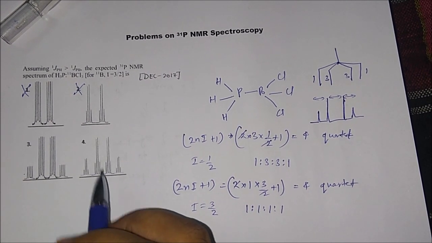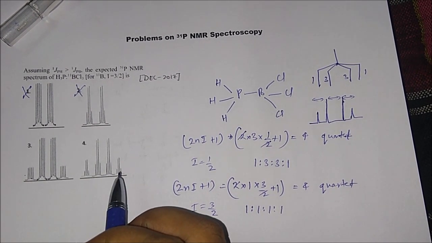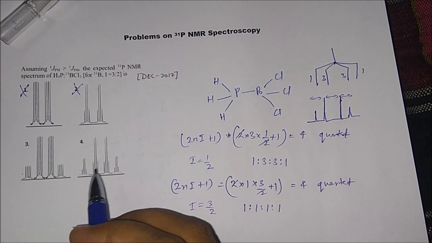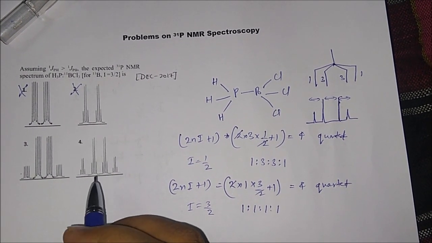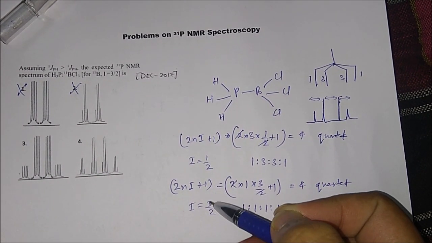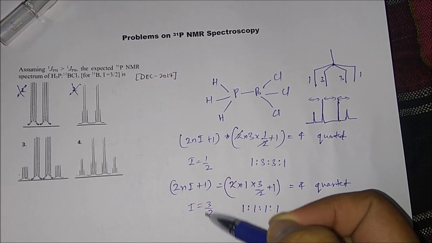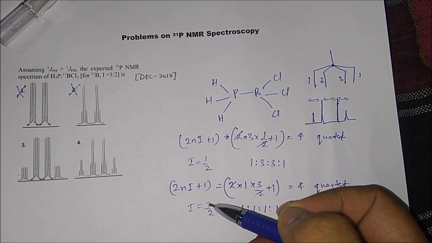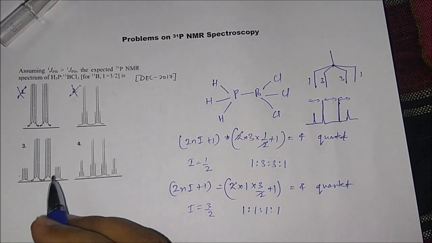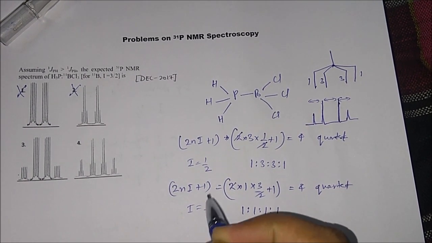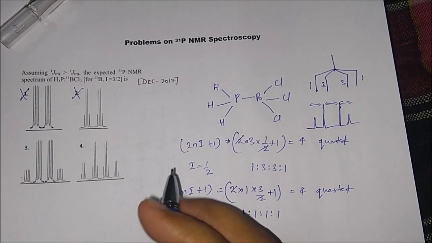That means the complete signal due to proton also splits into 1 ratio 3 ratio 3 ratio 1, and due to boron also it splits into 1 ratio 3 ratio 3 ratio 1. That could only be possible if both I values are the same. If for boron also the value would be 1 by 2, then Pascal's law would have been followed, and here you would have got 1 ratio 3 ratio 3 ratio 1. But it's not like that, it's 3 by 2. So that's why this option gets eliminated here.